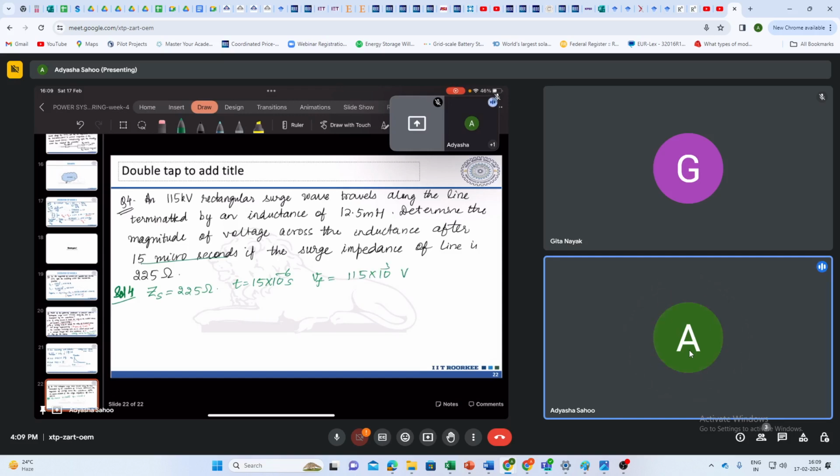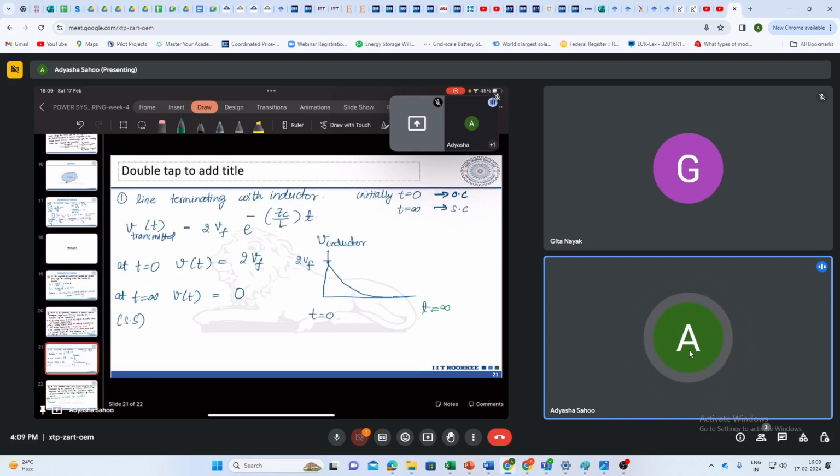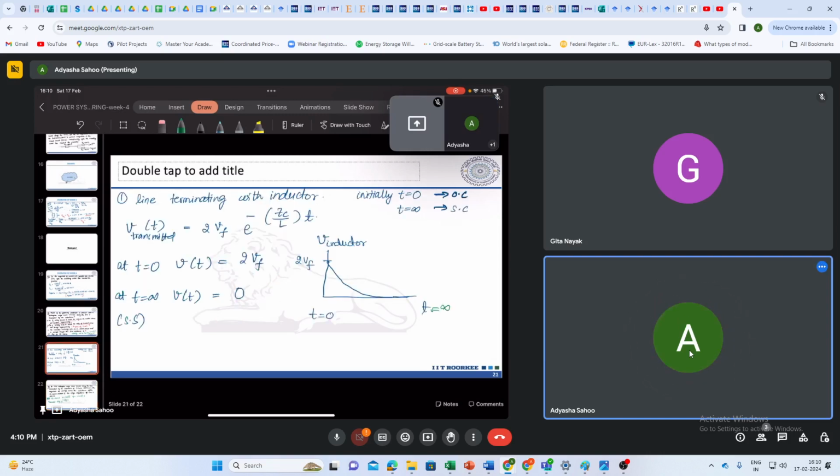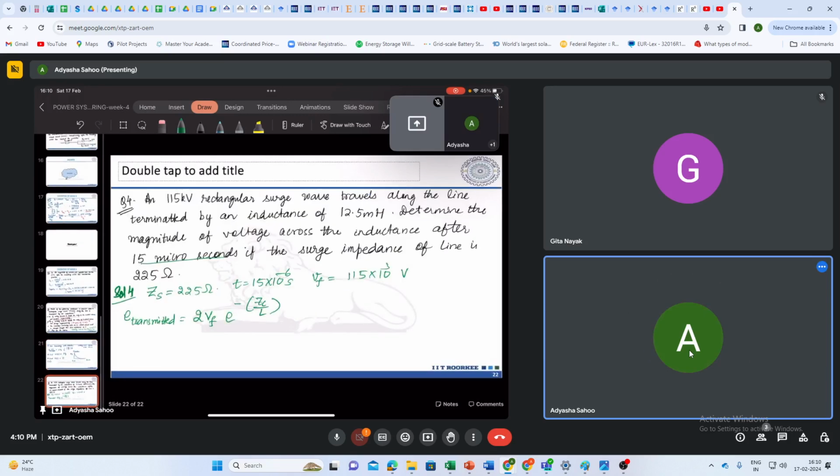We have seen the formula for V transmitted in case of an inductor previously, right? How much was it? 2 times Vf e to the power minus Zc by L times t.